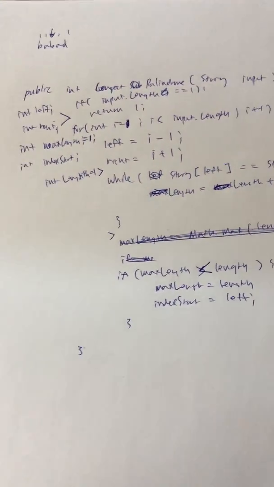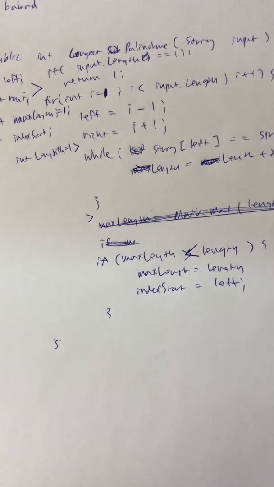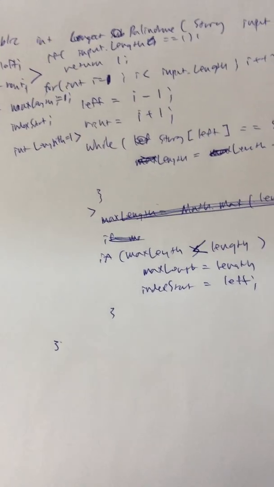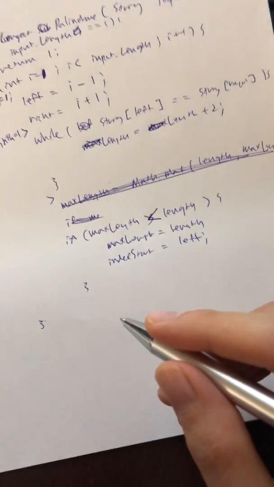So by the end of the iteration, if we found a new longer palindrome, the index start will point to the start of the newest longest palindrome.